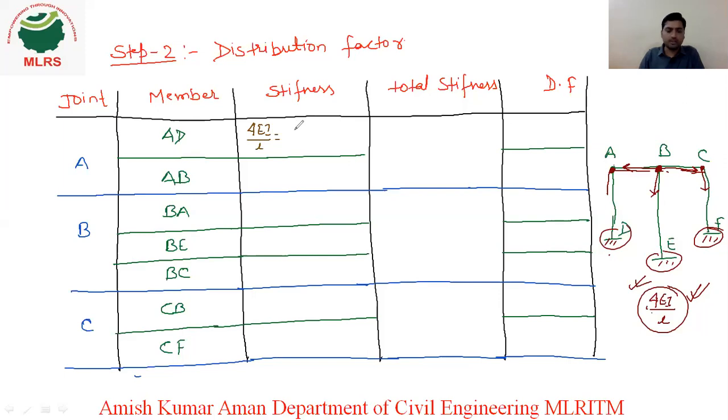So for AD, whatever is given in the question, for the AD member the moment of inertia is 2I. So in place of 4EI, we write 4 into 2EI upon L. L is your 3 meter. So 8EI upon 3.